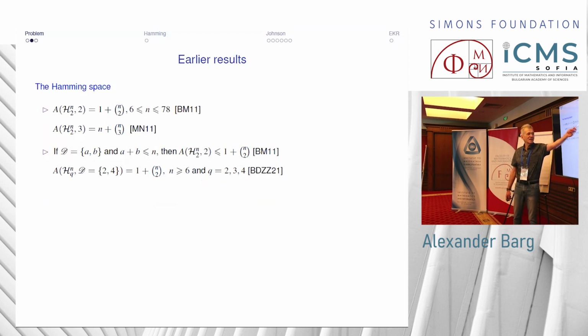For small n, with a few exceptions which I'm not mentioning here, it was known that if we look at codes with two distinct distances, the maximum size is n choose 2 plus 1. How do you construct such a code? Well, it's very easy. You take all vectors with two 1s and n minus 2 zeros, there are n choose 2 of them.